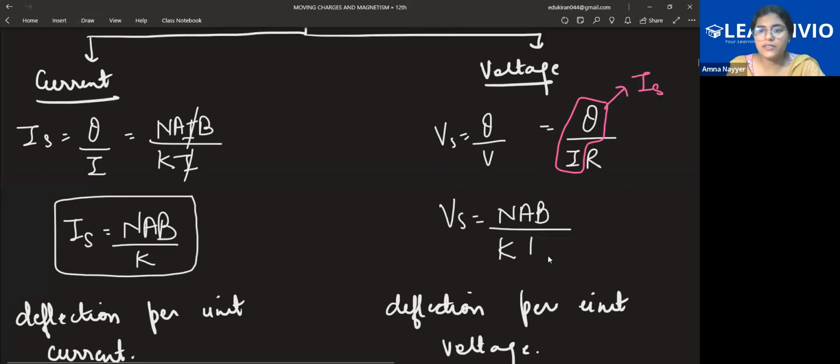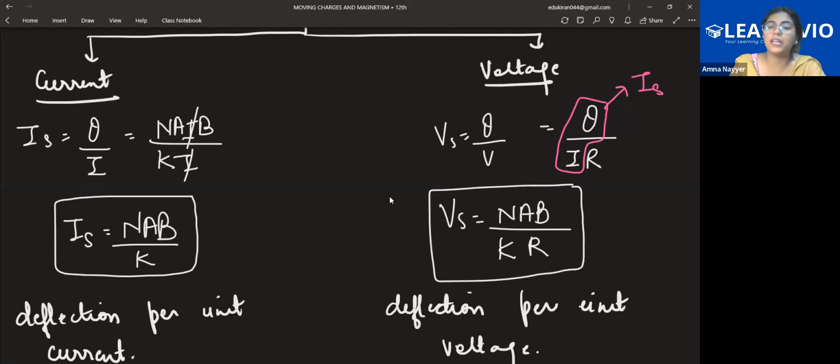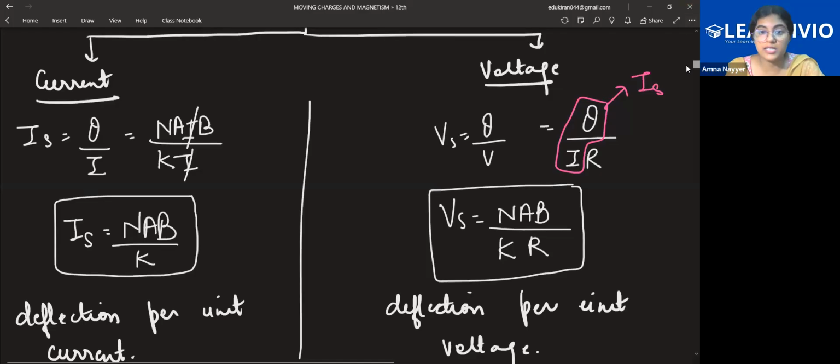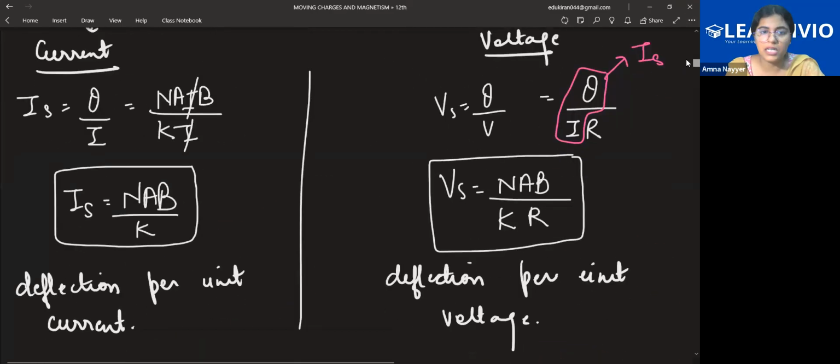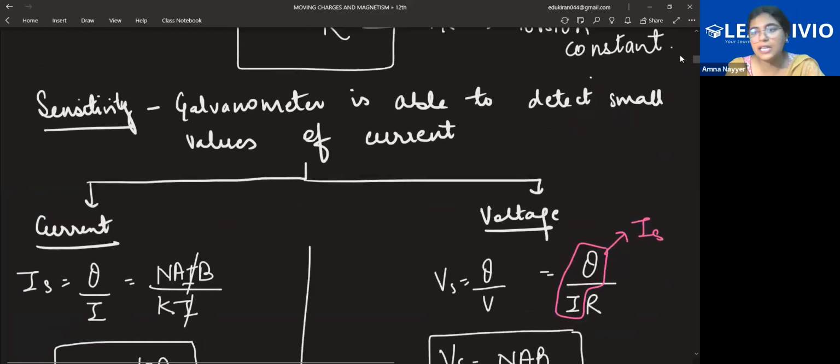So this divided by R gives us deflection per unit voltage. So these are the two types of sensitivities which you should write down in this portion also. Then we'll start with the first one.